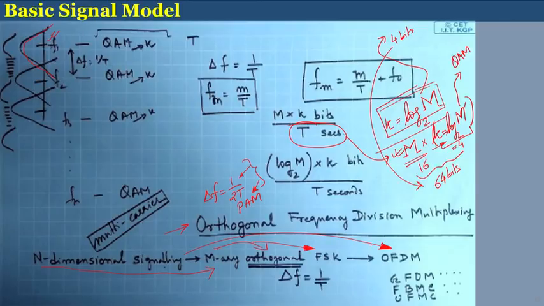Not only that, based on this signaling structure, other signaling structures can also be studied, which were investigated as a forerunner towards 5G. They are known as generalized frequency division multiplexing, which we will see in due time, also filter bank multi-carrier, and unified filtered multi-carrier systems, which we will also see in due time.